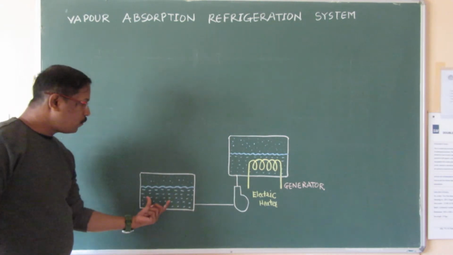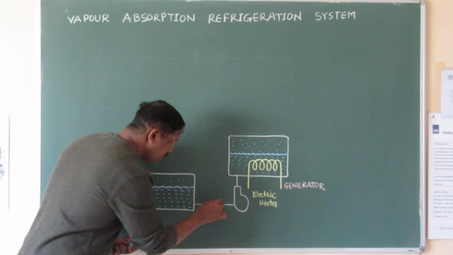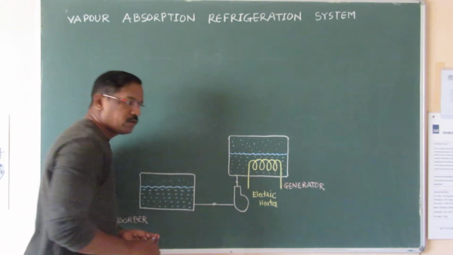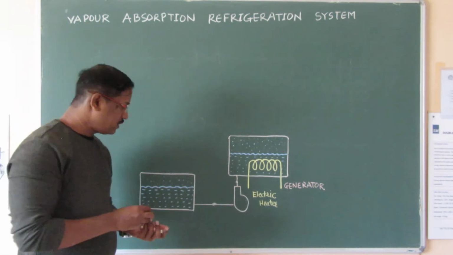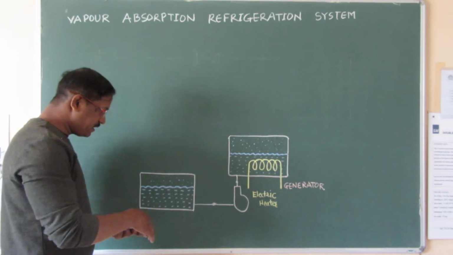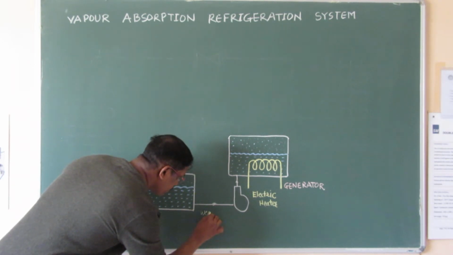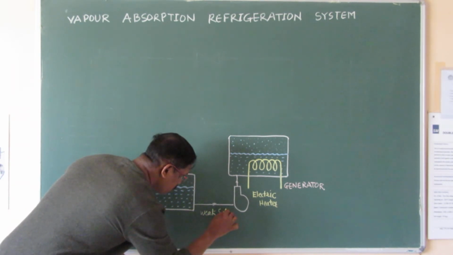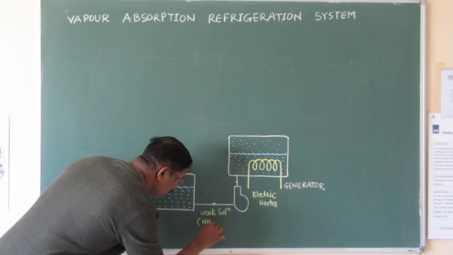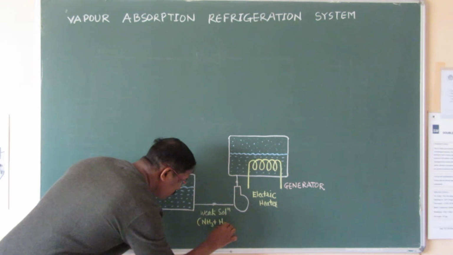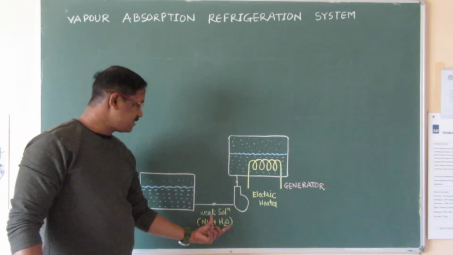Whatever weak solution of refrigerant ammonia and absorbent water we have, we can write it as a weak solution of NH3 and H2O.